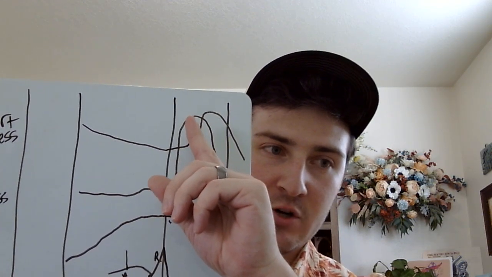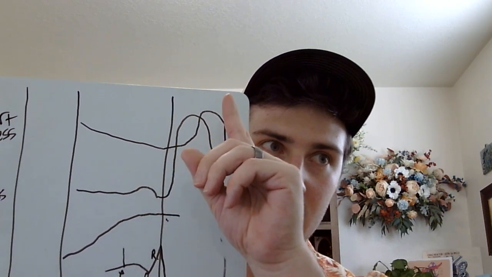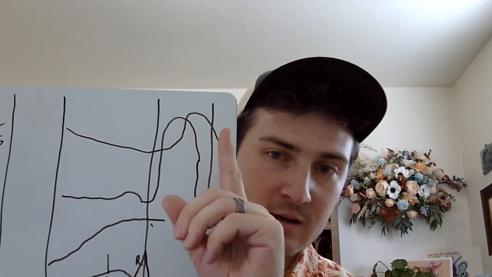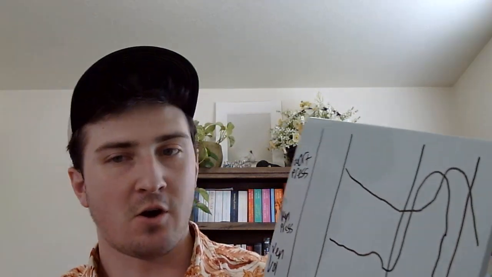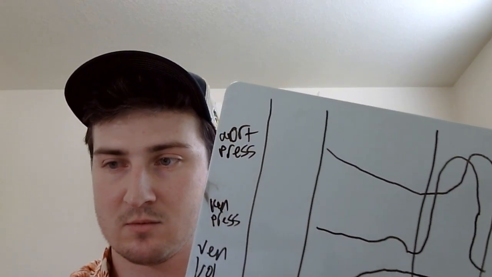Here, the pressure will build in the ventricle, and then it's going to increase in the aorta following that. Okay, so that's our aortic pressure as we see that happen.